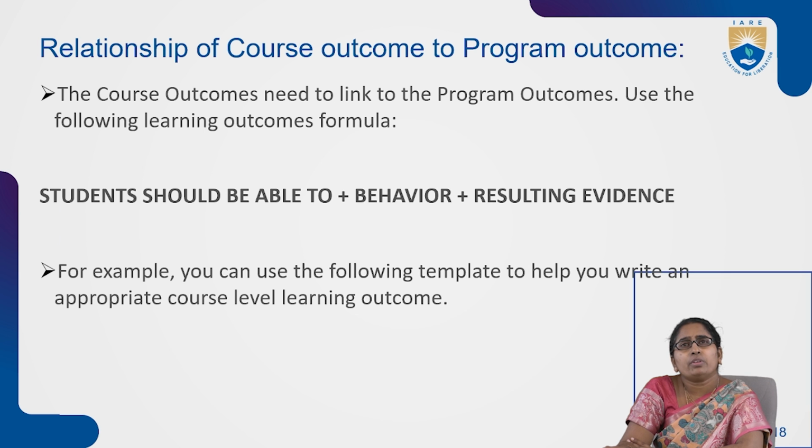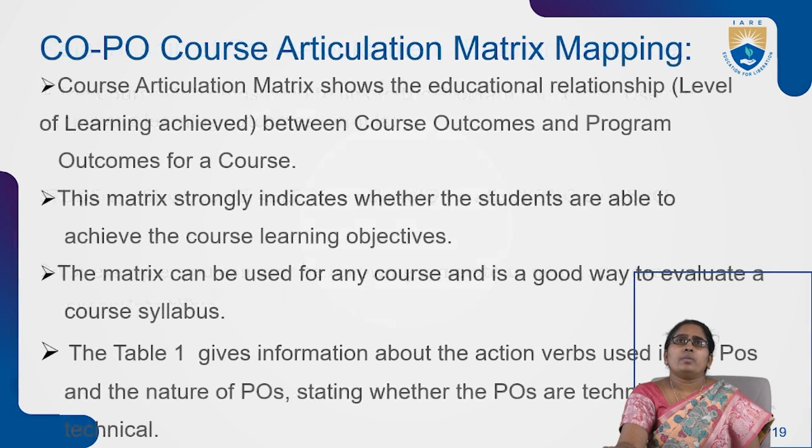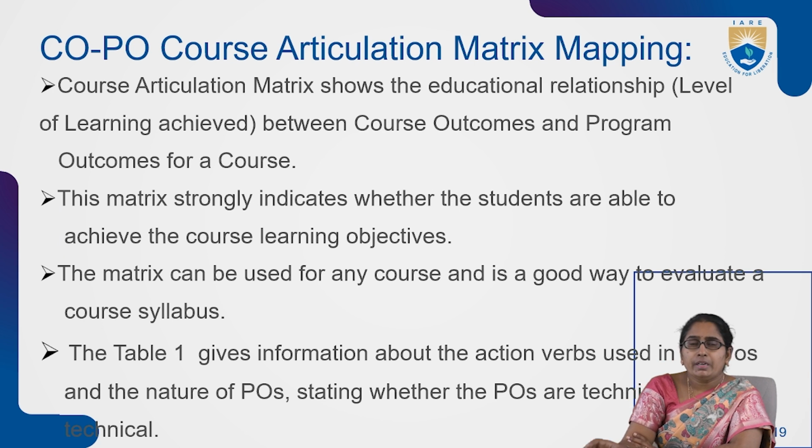For example, you can use the following template to help you. See that this is the course articulation matrix, the CO-PO course articulation matrix mapping. This matrix shows the relationship between course outcome and program outcome.